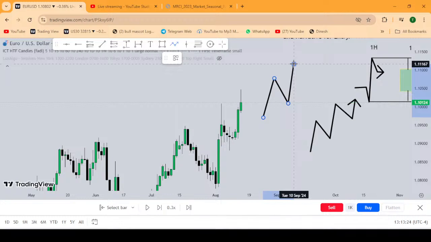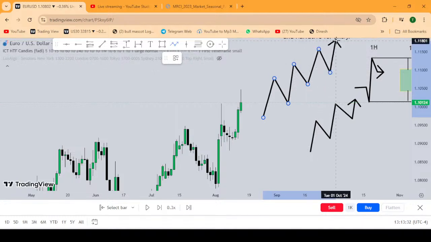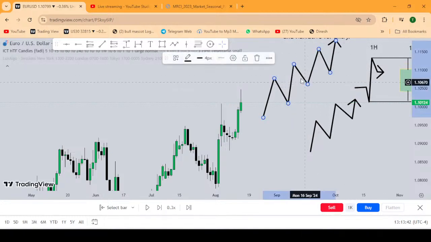Again, come back inside, find a fair value gap or order block, sit on it, again target these highs continuously. That's how we create these ranges. Okay, so that's how we bring the concept of internal to external, internal to external, external, internal, external, internal. That's when you keep on moving higher.